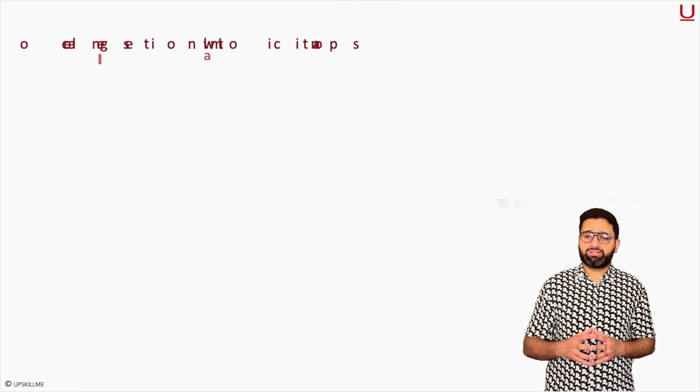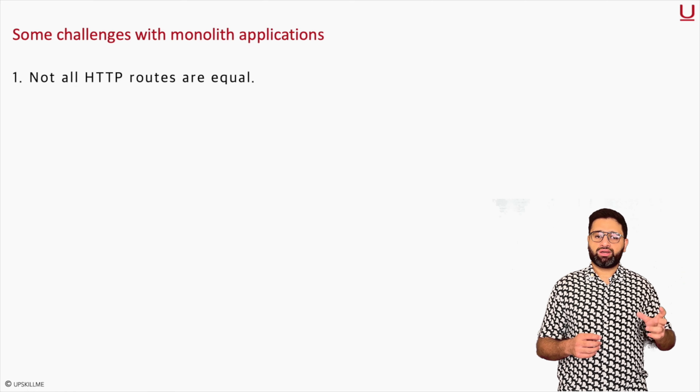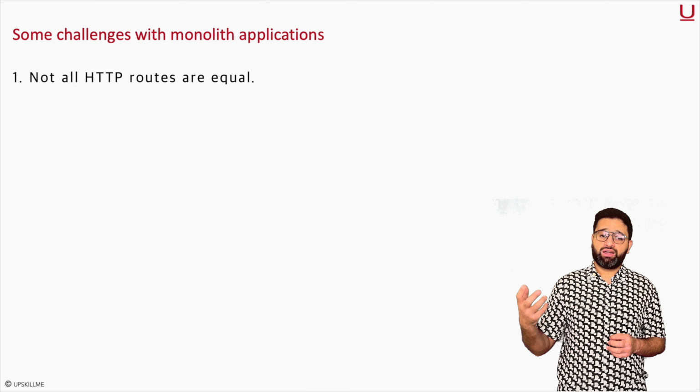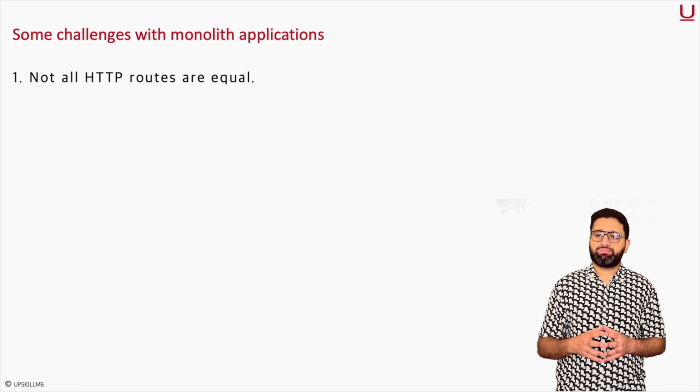Monolith applications have some serious challenges. Some of them are: first, not all HTTP routes are equal. As an example, for an e-commerce website, the number of users searching for a product will be significantly higher than the number of users actually making a purchase. In this way, the HTTP route for search will have much higher traffic than the payment route.